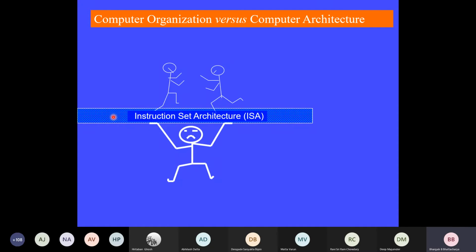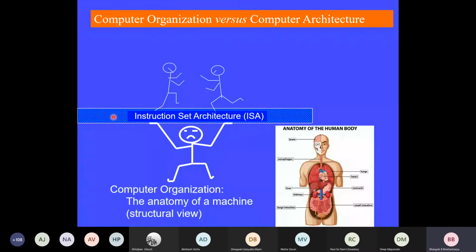You may imagine it this way also. Computer organization refers to the anatomy, or the structural view of the machine. Suppose you have a human body, and you are concerned with the anatomy, where the liver, heart, kidney and so on are. This is analogous to computer organization, the structural view of the machine. And what would computer architecture be then?